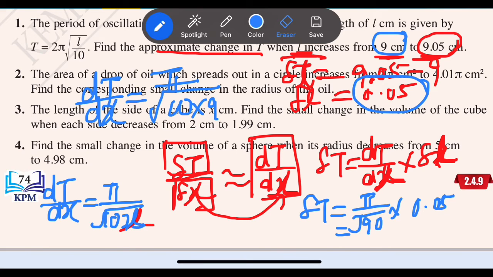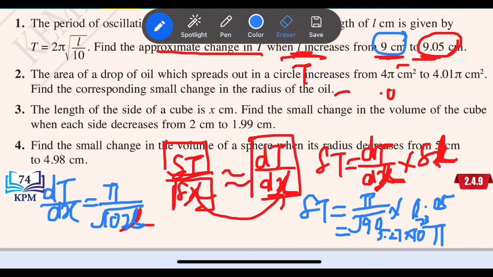So what is the answer then? I guess the answer should be around 5 point something. It's actually 5.27 times 10 to the power of -3 pi. So that is the answer for delta t, which is quite simple.